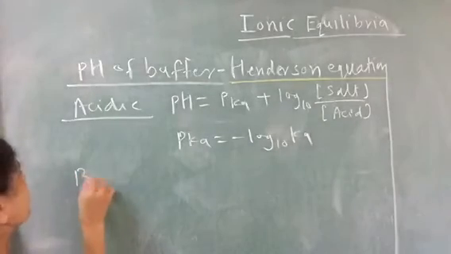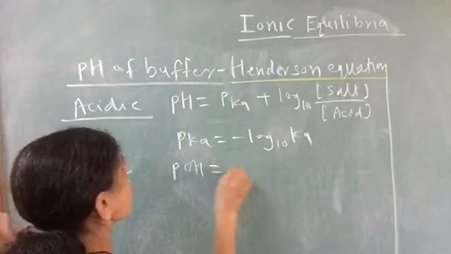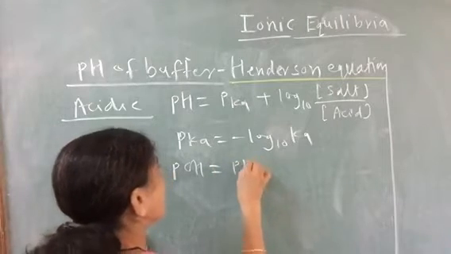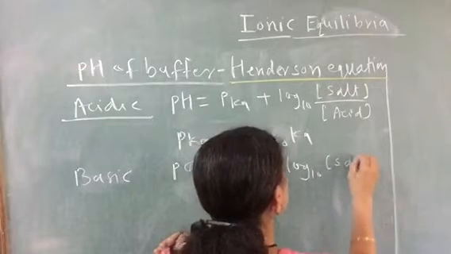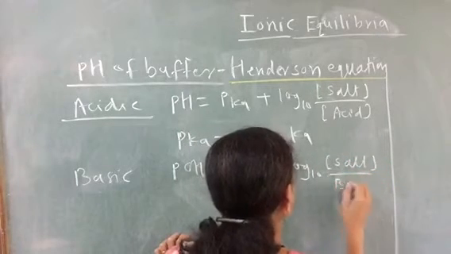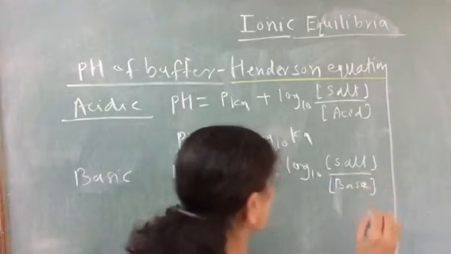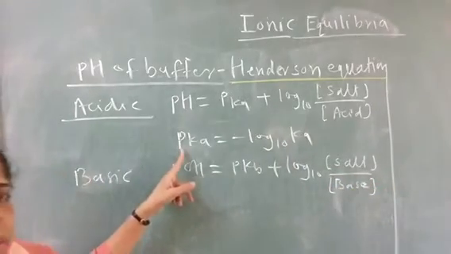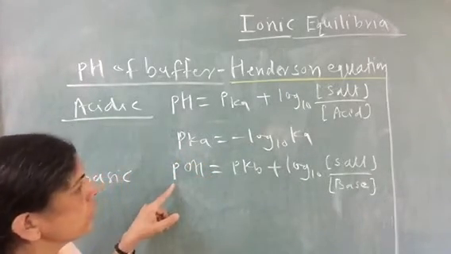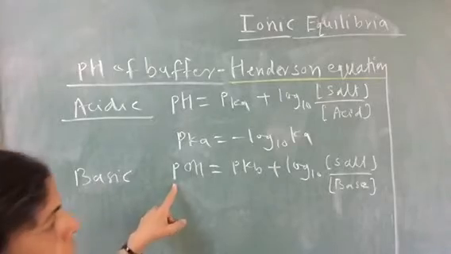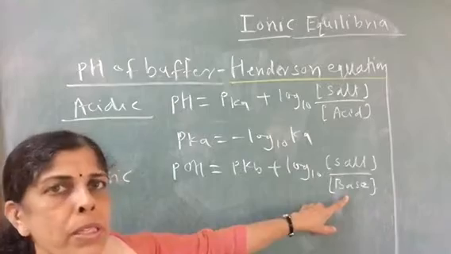Similarly, for basic buffer, Henderson's equation is pOH is equal to pKb plus log to the base 10 of concentration of salt upon concentration of base.